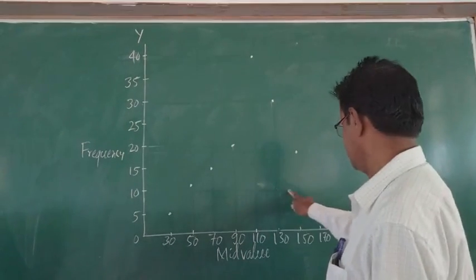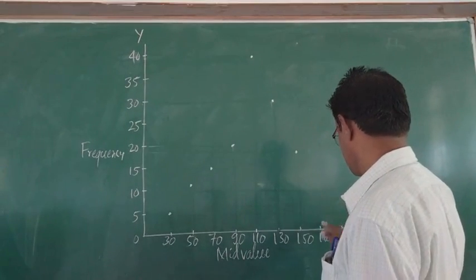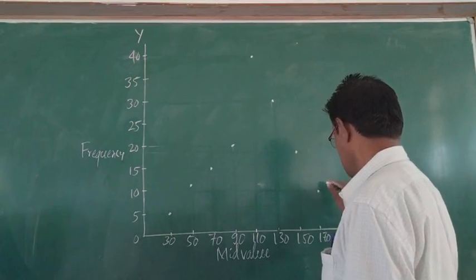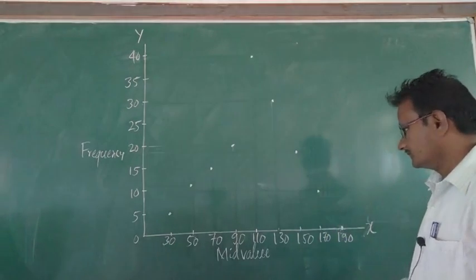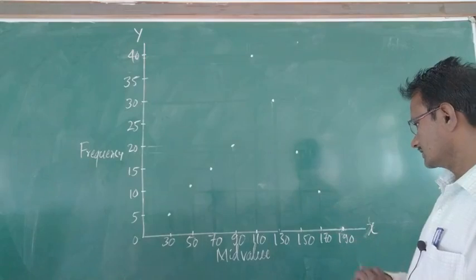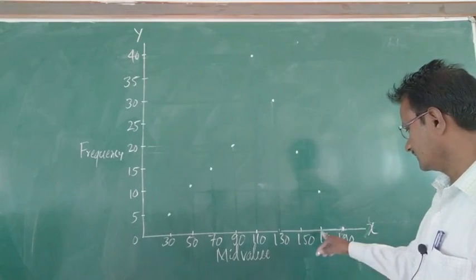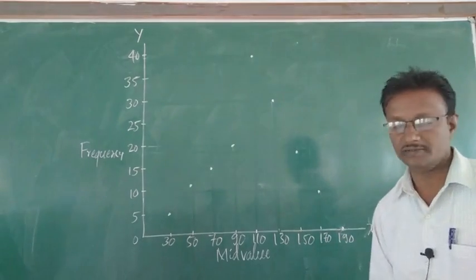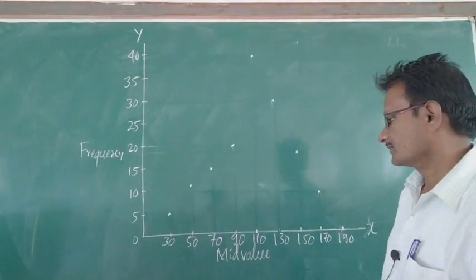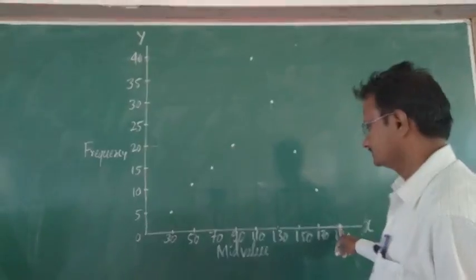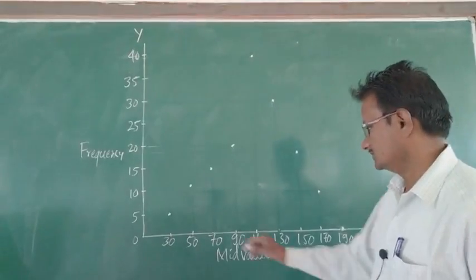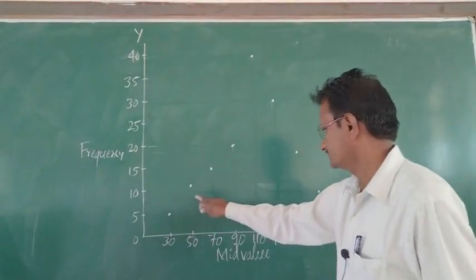So for frequency 10 and mid value 170 we have to mark a point. And last, for 190 mid value the corresponding frequency is 8.